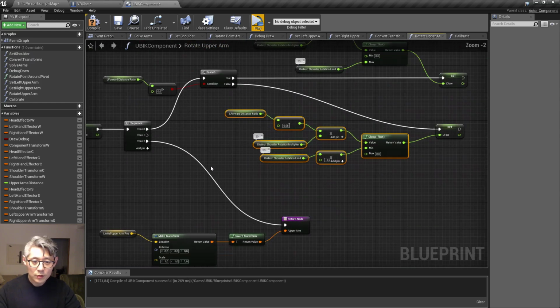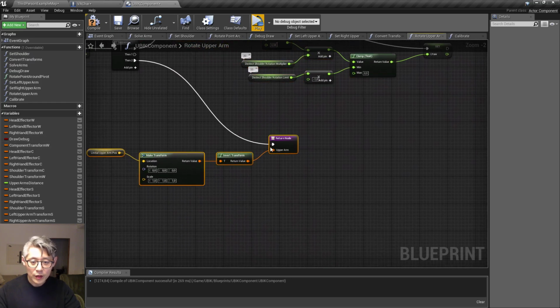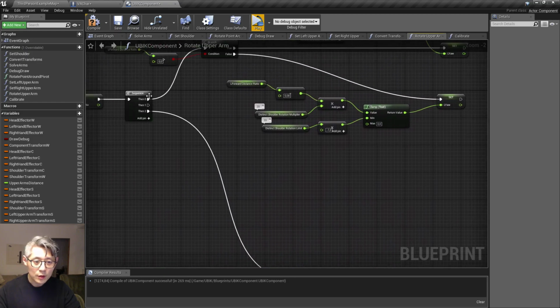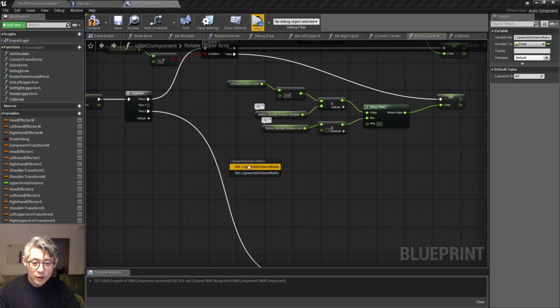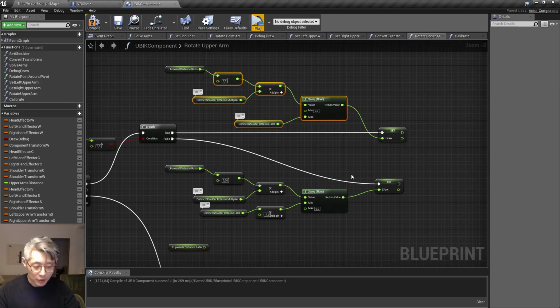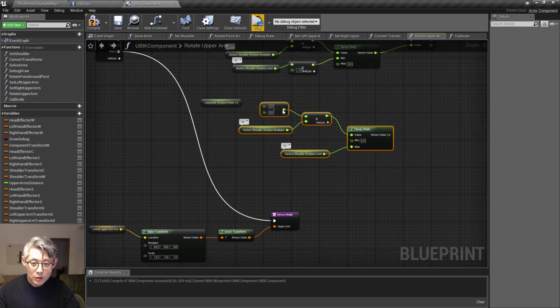Okay, and then we need to figure out what to do with the upward, and that is very similar. We take the upward distance ratio. Let's just copy all the stuff up here. And here we use a fixed value of 0.2.